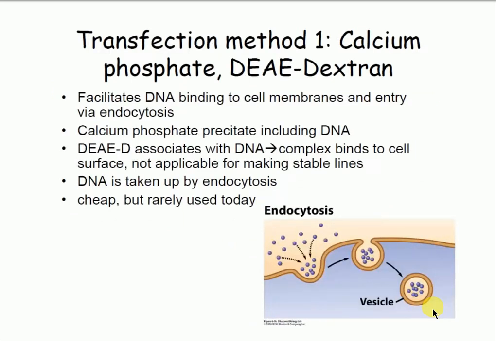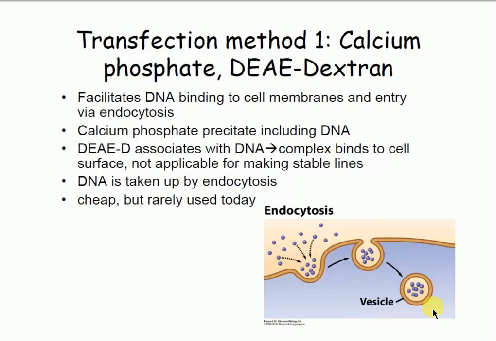So the most classic transfection methods are with calcium phosphate or DEAE dextran. What they do really is to facilitate DNA binding to cell membranes. Calcium phosphate will precipitate the DNA onto the cell membrane. DEAE dextran is charged, so the DNA will bind to these particles.